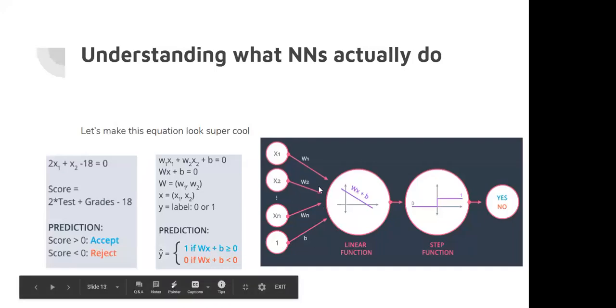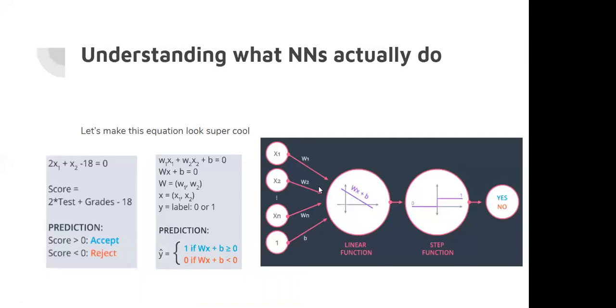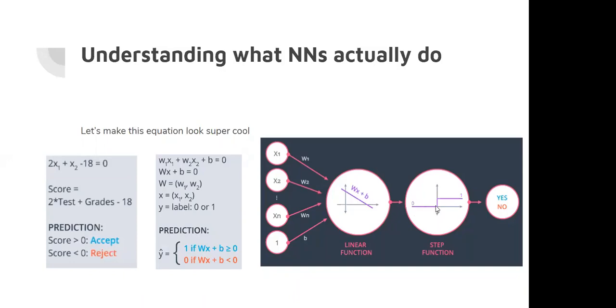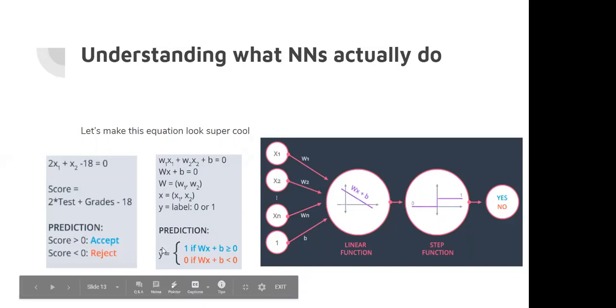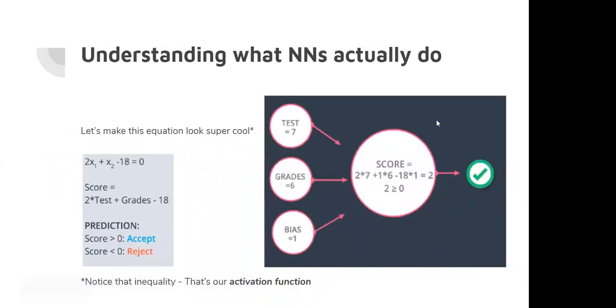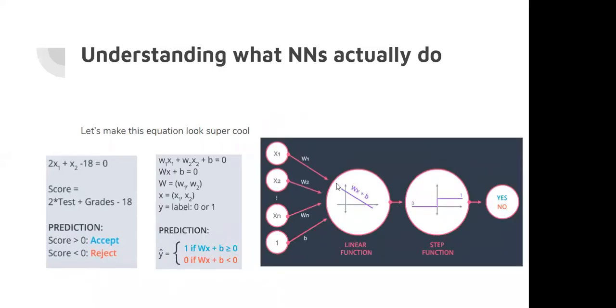Remember this term, linear combination. It's happening everywhere in your networks. This linear combination gets pumped into a step function. In the previous diagram and this one, there is no difference. It's just that over here the step function was inside the node, and over here it's outside, just to show you what is actually happening inside.